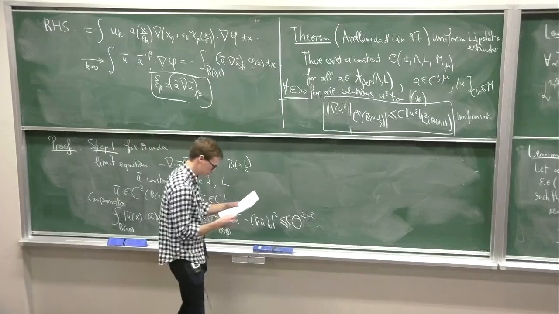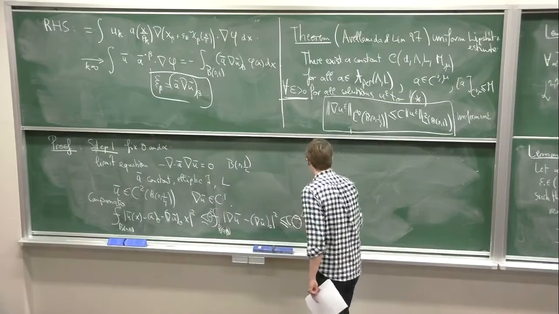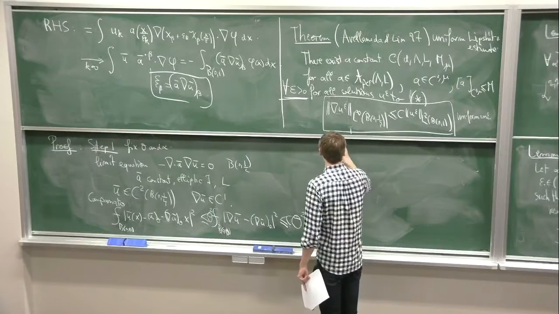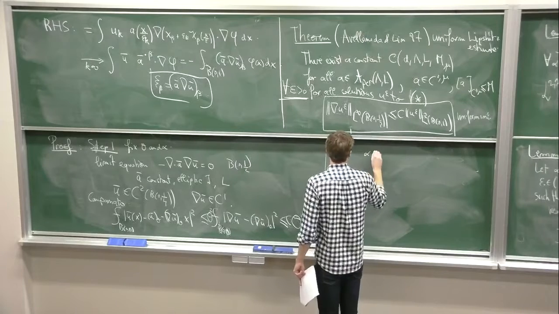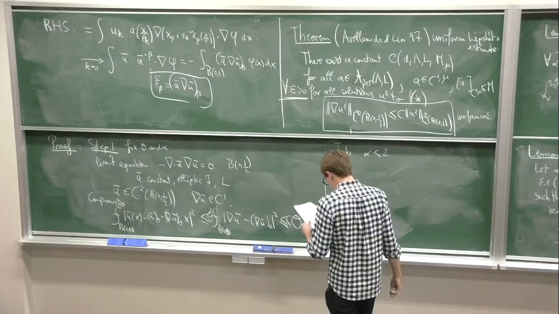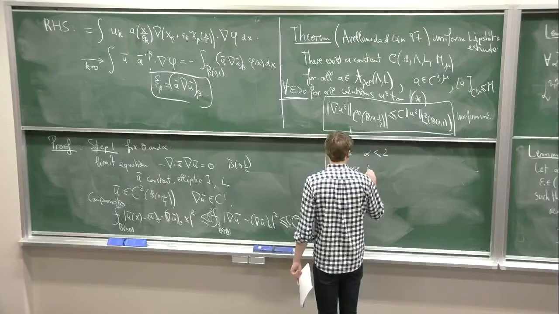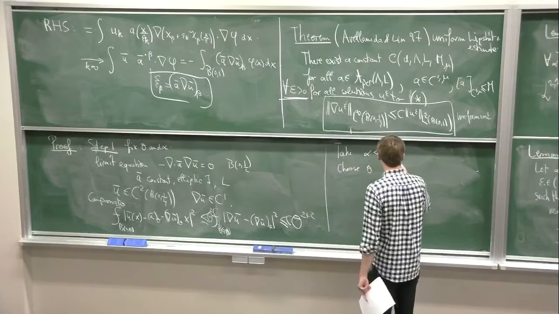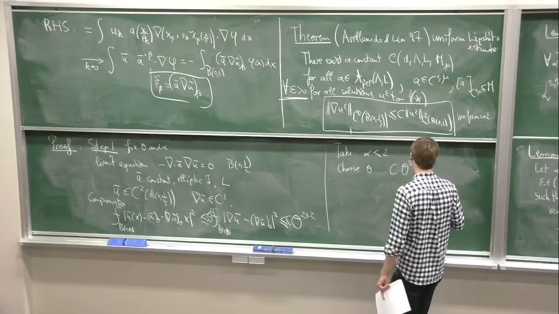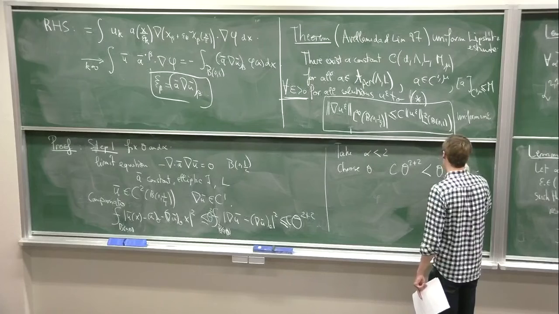So for this constant C, I will take alpha strictly smaller than 2, and I will choose theta sufficiently small so that C times theta to the 2 plus 2 is strictly smaller than theta to the 2 plus 2 alpha.